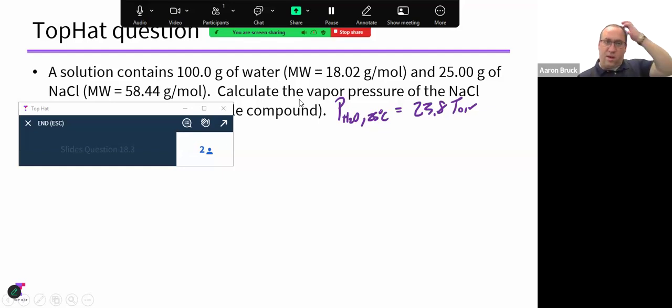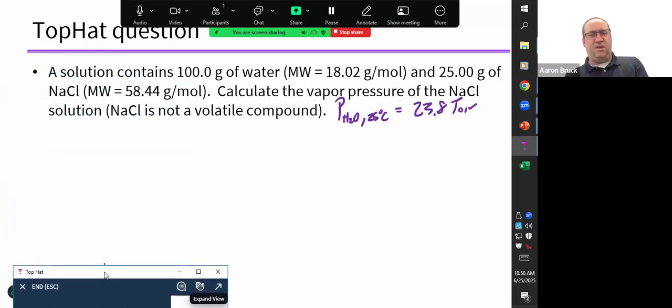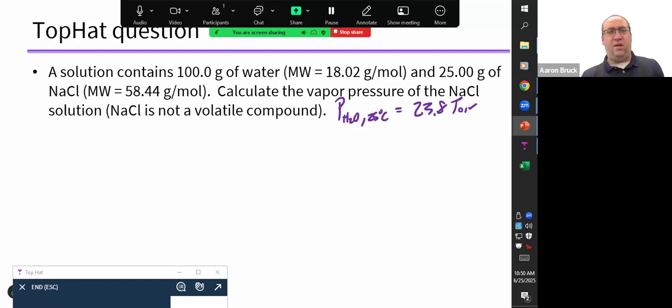Okay, so the process here, you can take this a couple of different directions. Since sodium chloride is not volatile, we don't need to calculate Raoult's law for it because it doesn't evaporate.